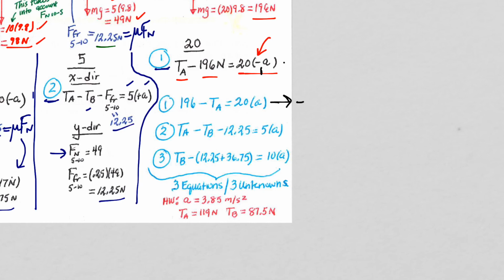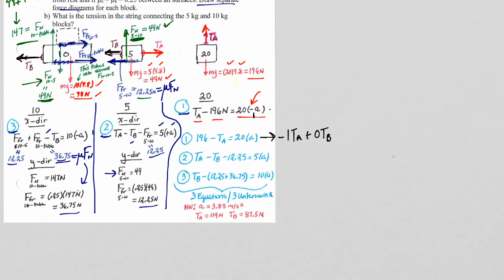So here I have negative 1 times tension A plus 0 times tension B minus 20 times the acceleration equals 0. And you'll see how this game is played in a moment.